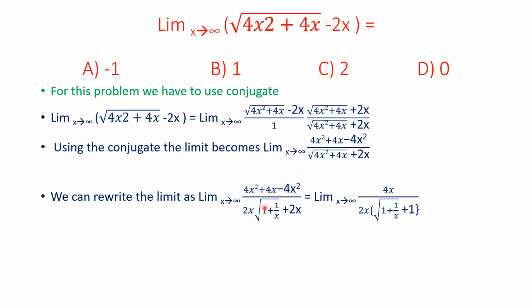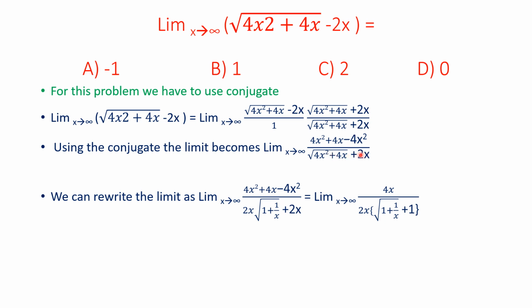So 1 will be remaining in the position of 4x squared because we took 4x squared outside. Plus we have 4x. So when we took 4x squared outside, we will be left with 1 over x for the second term under the square root. And that is plus 2x.